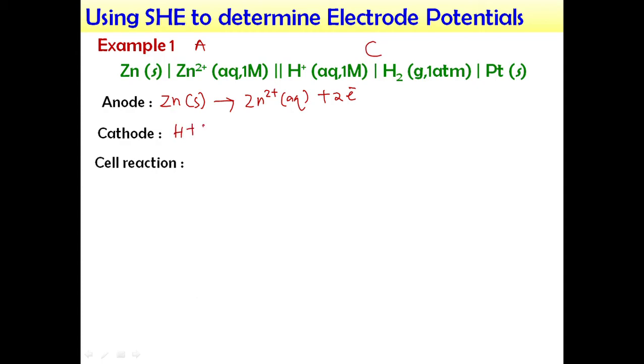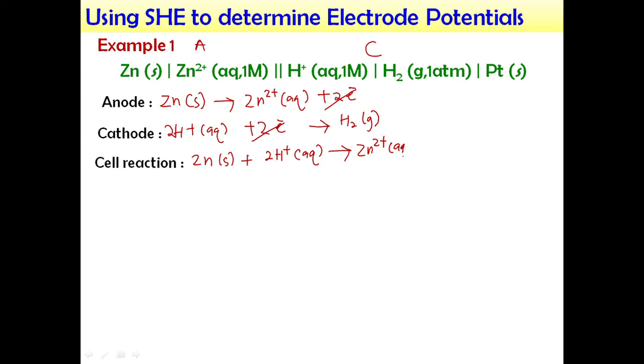So, H+ aqueous akan terima elektron dan menghasilkan H2 gas. Okay, H2. Jadi, letak 2 dekat sini, 2 elektron. So, bila ada 2 elektron, we can cancel the electron. So, overall cell reaction would be zinc solid plus 2H+ aqueous produce zinc 2+ aqueous plus H2 gas.